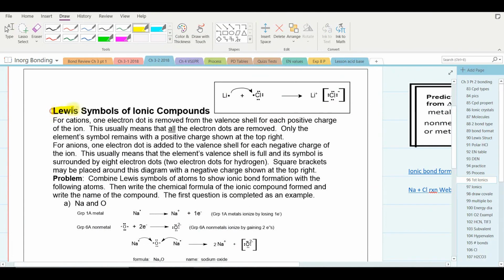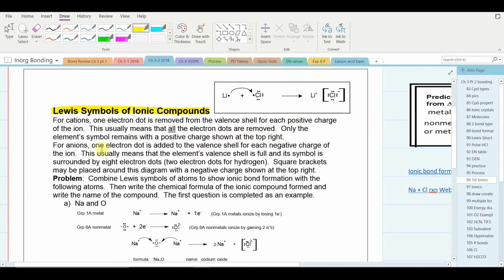Lewis symbols of ionic compounds. For cations, one electron dot is removed from the valence shell, right here, for each positive charge of the ion. This usually means that all the electron dots are removed, because remember, metals like to empty the valence shell. Only the element symbol remains with a positive charge shown at the top right.